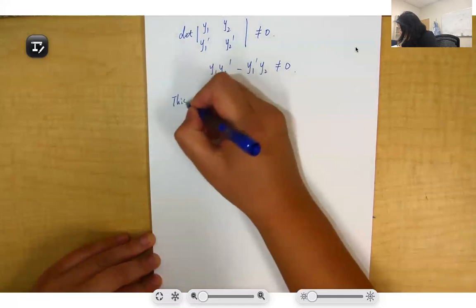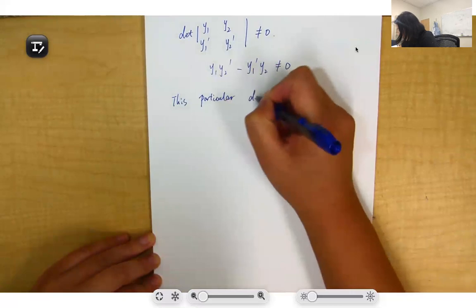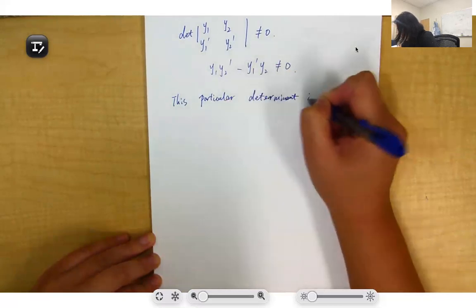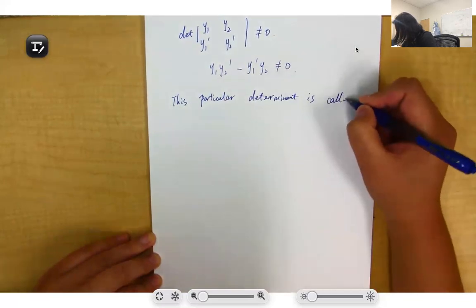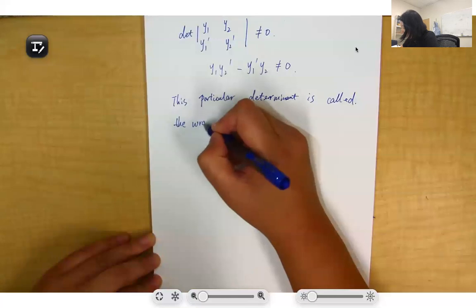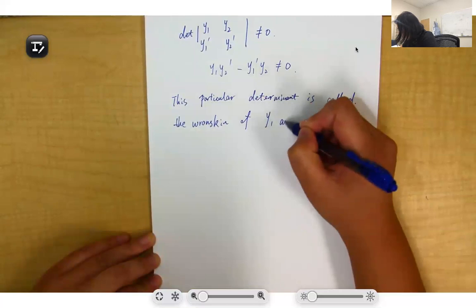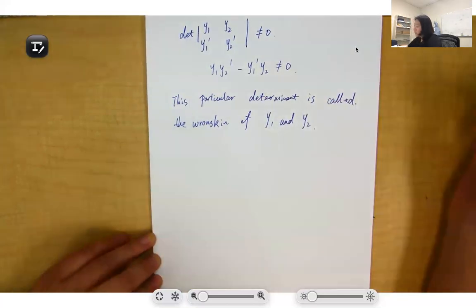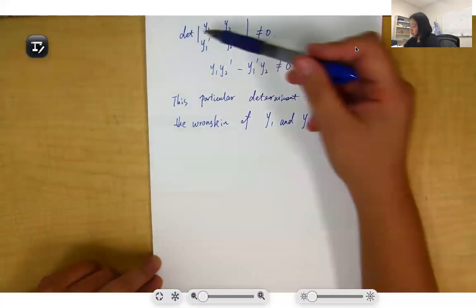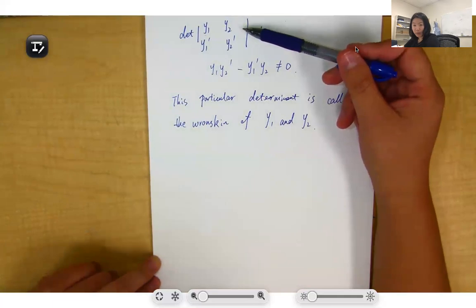This particular determinant is called the Wronskian of y1 and y2.